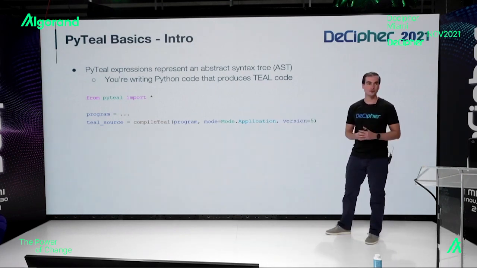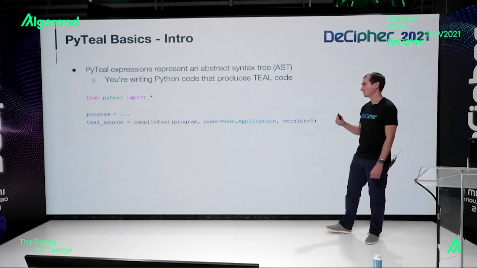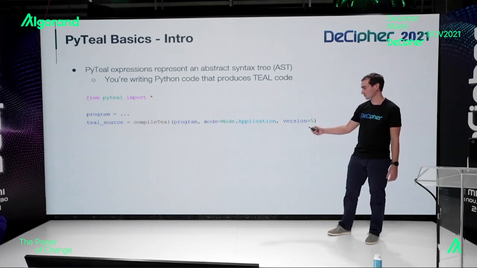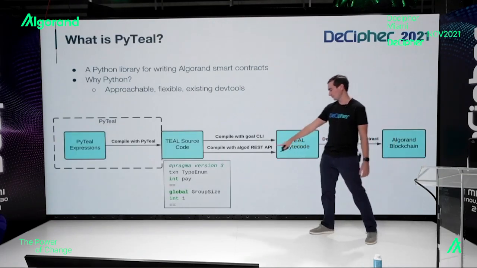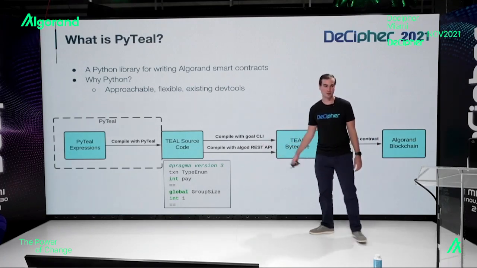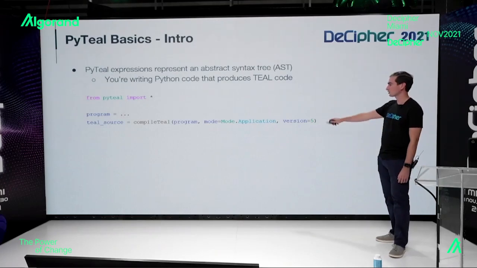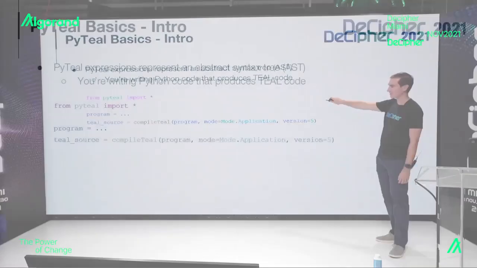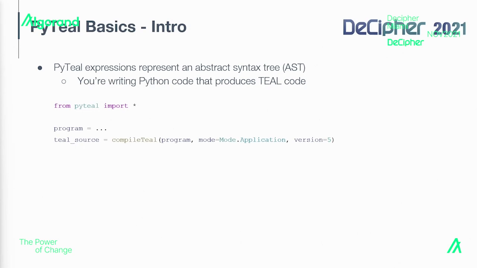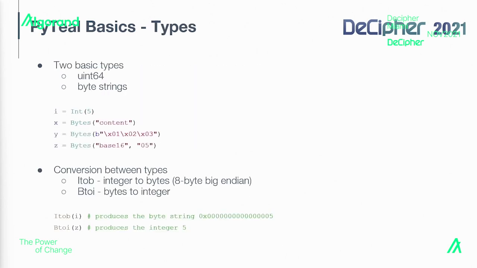That will do all the work necessary to convert that AST into the actual Teal source. Then you can continue the process to actually deploying that to the chain. So here's just some boilerplate, the import and the compile Teal method that you'll need, and we will drill into all the building blocks of how you create that specific program.